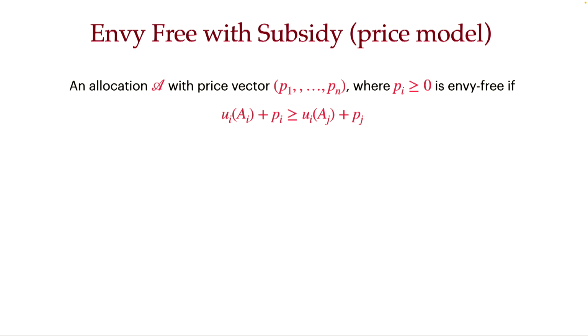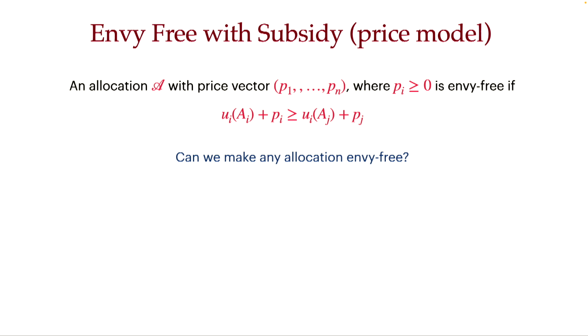Here you are not talking about your price. This is like compensation. Exactly. So is this definition clear? We will not talk much about the subsidy model. Is the definition clear?